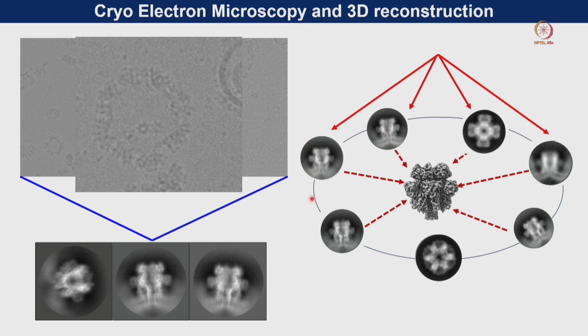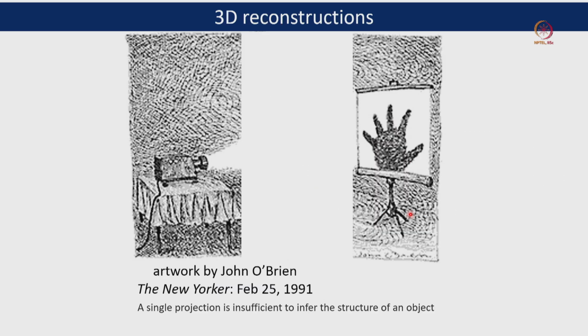Now if I ask how many single protein molecules or particles are required to get this kind of 2D averages and this kind of 3D structure, how many images or how many protein samples are required here? The answer may be 5, 10, 20, 30 particles is good enough, maybe or maybe not, we don't know.